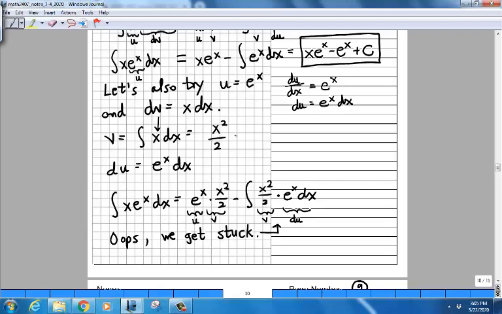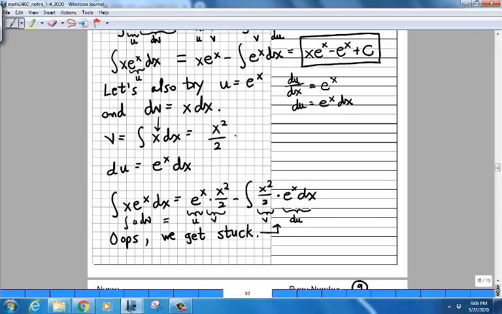The antiderivative of u dv is equal to u times v, so that would be e to the x, there's u, times v, which we got by integration, x squared over 2, minus the antiderivative of v times du, which is x squared over 2 times du.